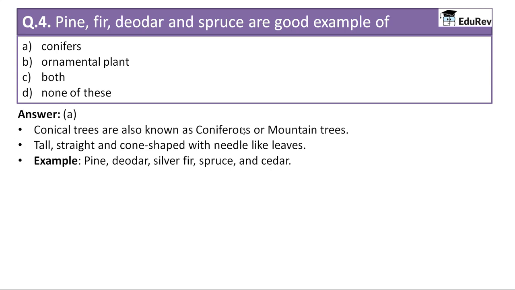Conical trees are also known as conifers or mountain trees, and they are tall, straight, cone-shaped with needle-like leaves. I have discussed this in the earlier question as well. In this question, we got to know that conical trees are also known as coniferous.